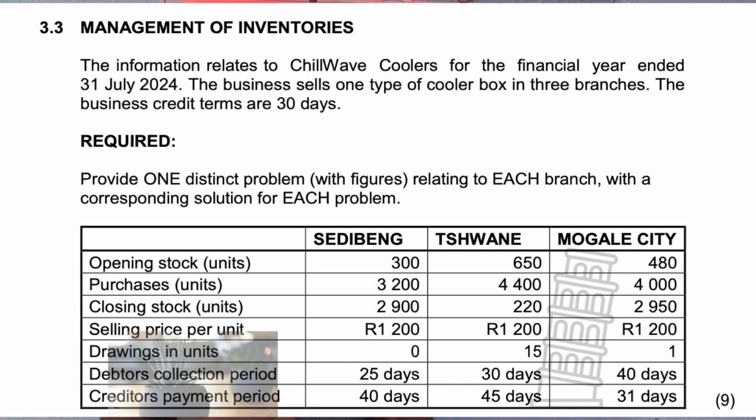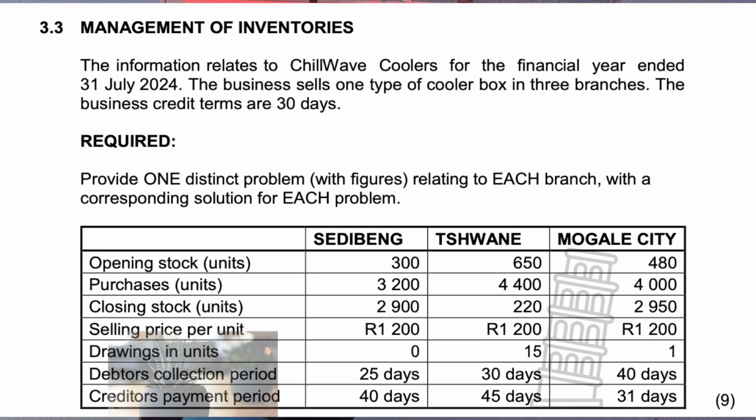The business credit terms are 30 days. Required: provide one distinct problem with figure relating to each branch with a corresponding solution for each.